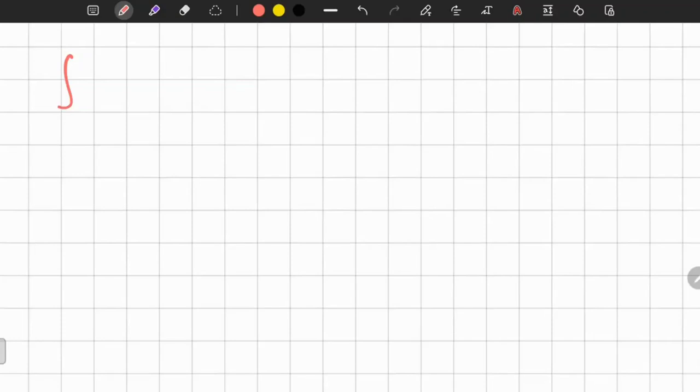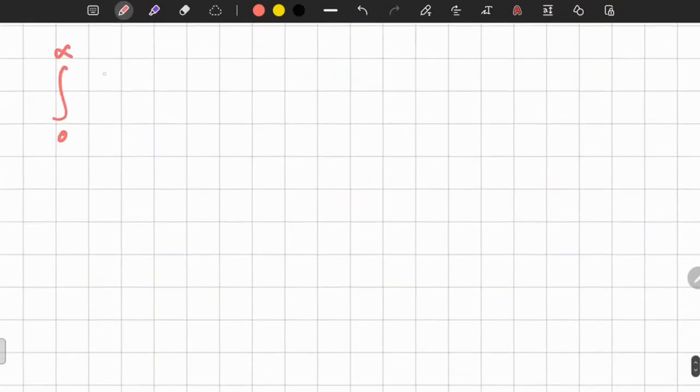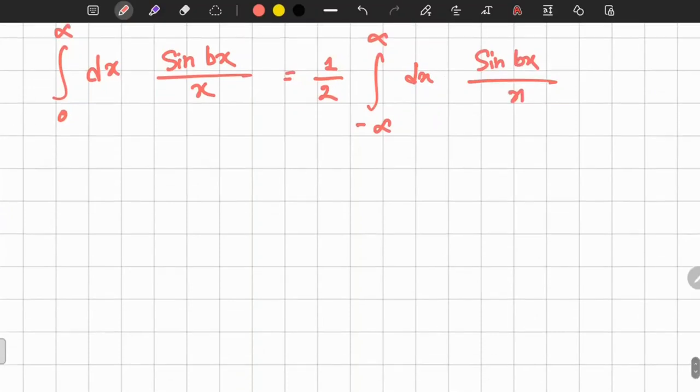This integral, let's see, 0 to infinity. In general, the form is, we can write it dx sine bx by x. So this is the integral. Okay, if we want to evaluate this integral, we can write it like half of, because this is a symmetric function, dx sine bx by x from minus infinity to plus infinity.